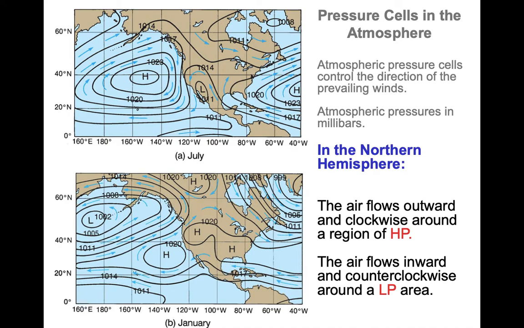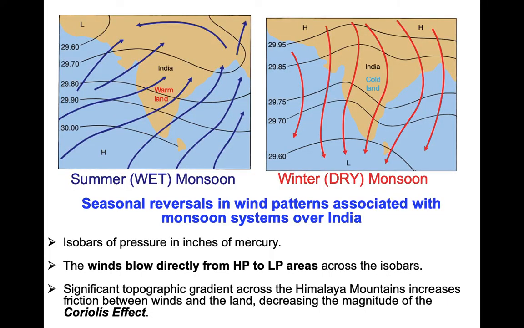And these pressure systems affect the climatic fluctuations and changes on land in North America, as well as in other continents as well.